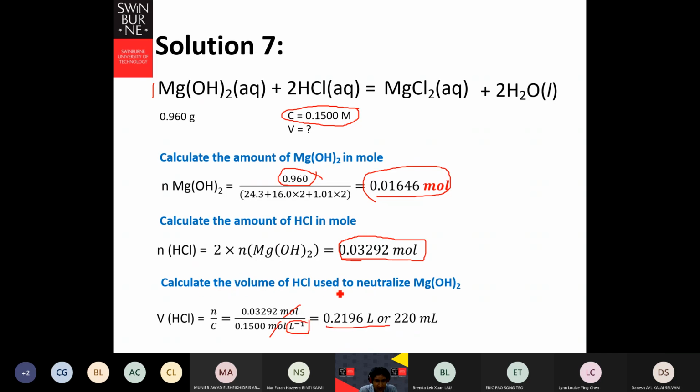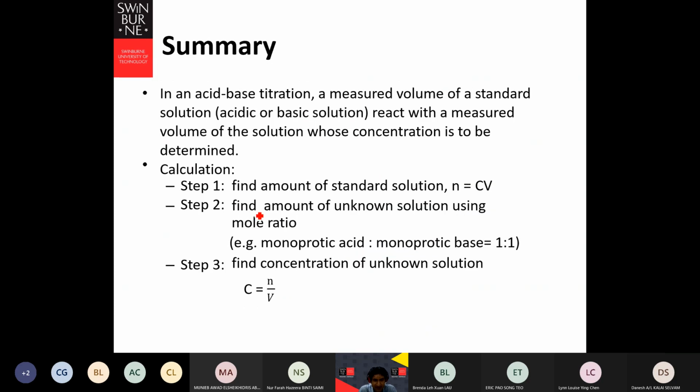So it is 0.02196 liter, that is about 22 milliliters of HCl, which will be required to neutralize the antacid. So this is our summary. Does anyone have any questions so far?